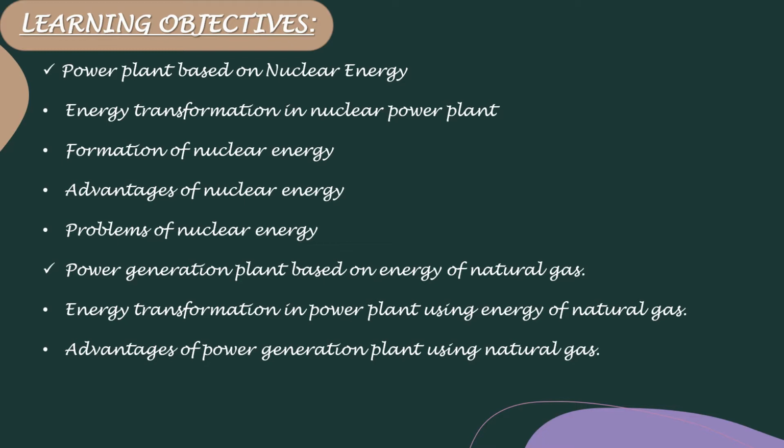Then along with that, we all will be understanding about the power generation plant based on energy of natural gas. And under that, we will be understanding the energy transformation in power plant using energy of natural gas and the advantages of power generation plant using natural gas.